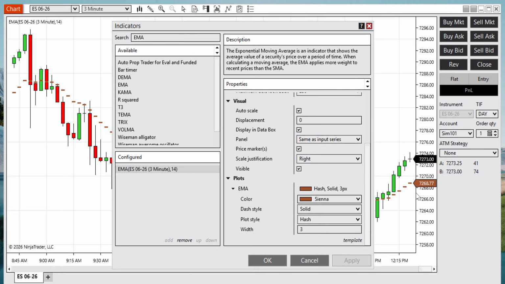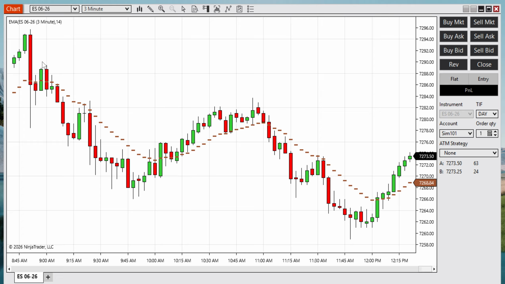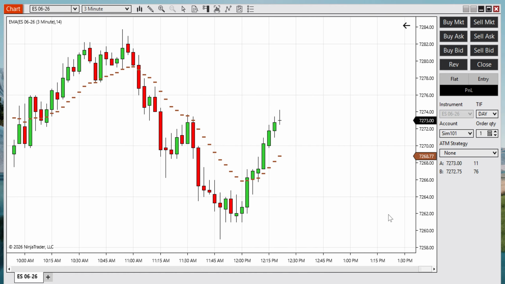Sienna color 7268, and I click OK, and this EMA is applied on this instrument, on this time frame, for this time period. So if you see, the average is going up and down. Based on that, say it was plateauing here and then moving up there.